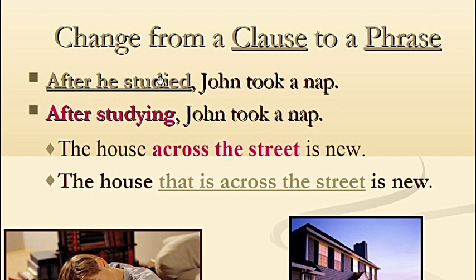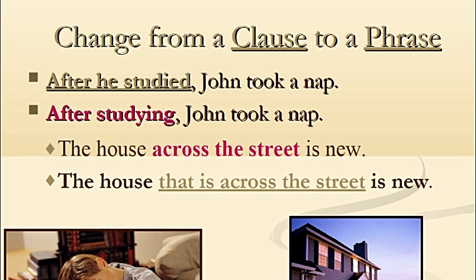John took a nap. It means we have changed the entire situation from one sentence to another sentence, but in our own wordings, such as after he studied. We used after studying. It means we are changing the forms. We are using some words from the second form, the third form or ing form.